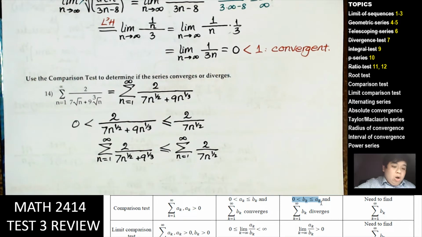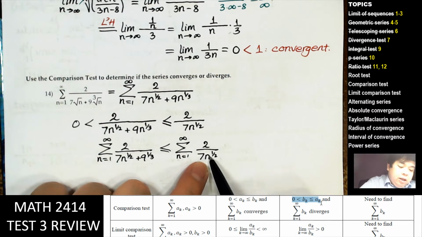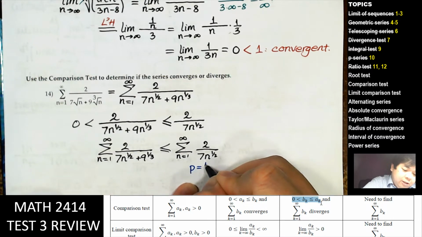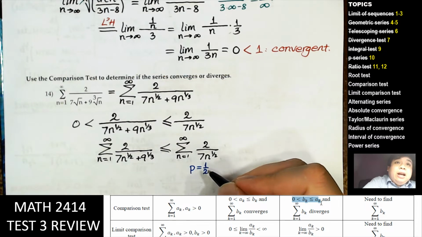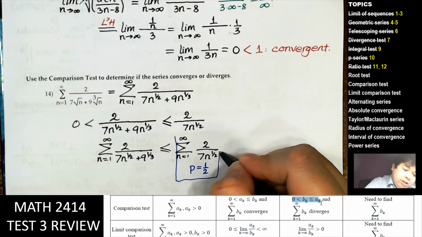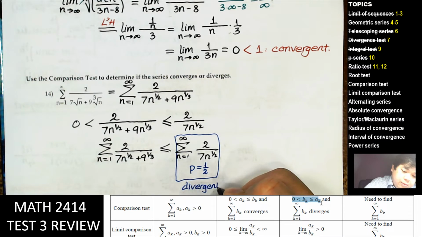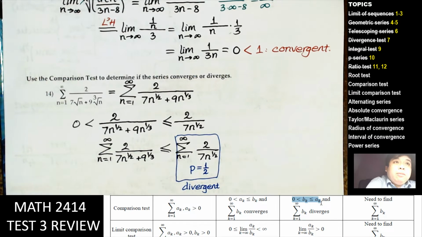So what we see here is that this term is the p-series when p equals 1/2, and so this one is divergent. So if it is divergent, we cannot do it like this.